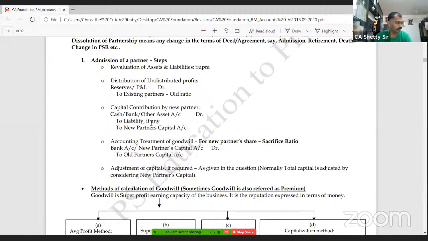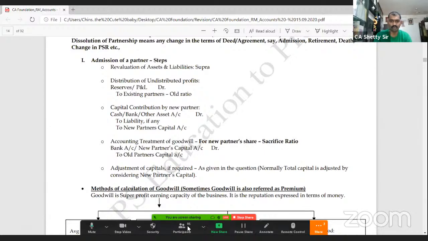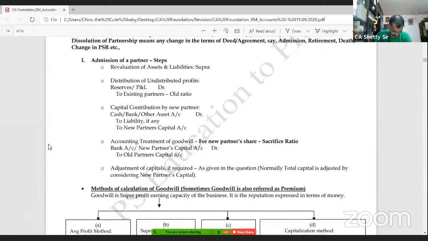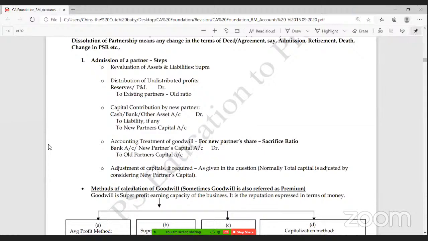Entry: Building account debit 100 lakh, to building loan account 20 lakh, to Z's capital 80 lakh.